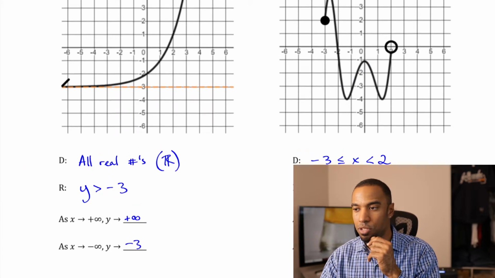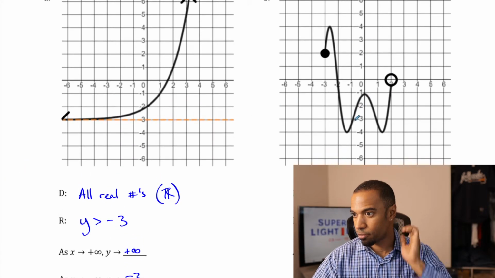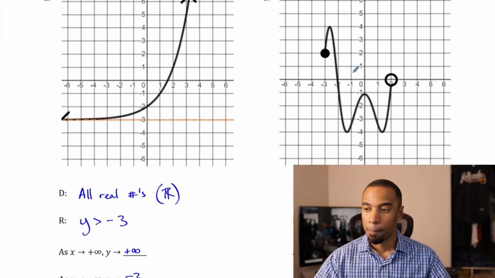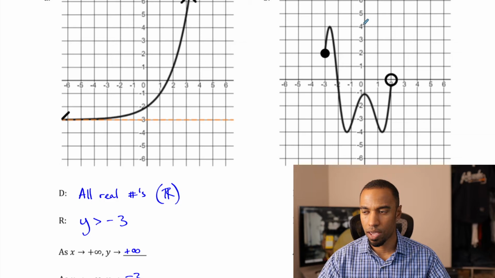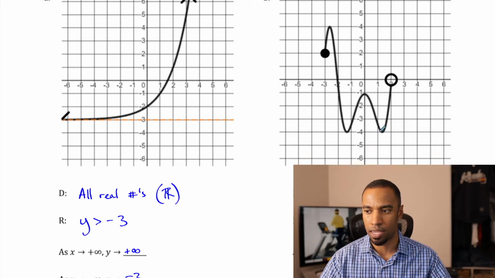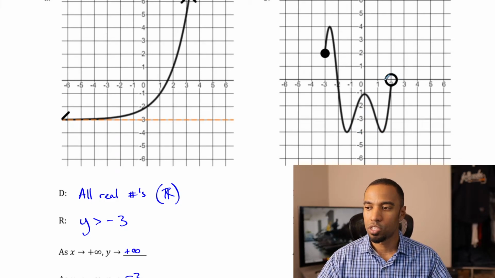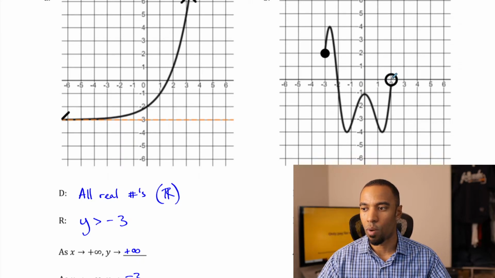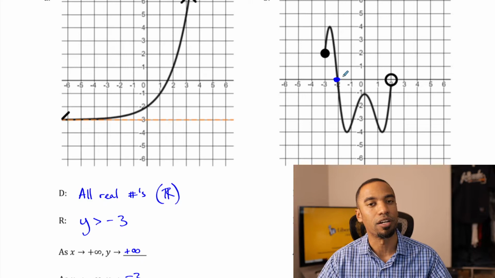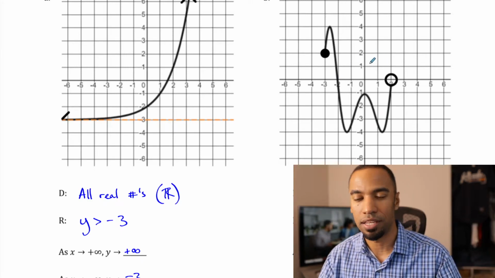How far up and down does this graph go? This graph goes, it's limited. It goes as high as y equals 4, right? It goes as high as y equals 4, and it goes as low as y equals -4. Now, with this open circle, you might say, well, look, y equals 0 doesn't count. But hey, y equals 0 does count right here. So there is a y equals 0 that exists.